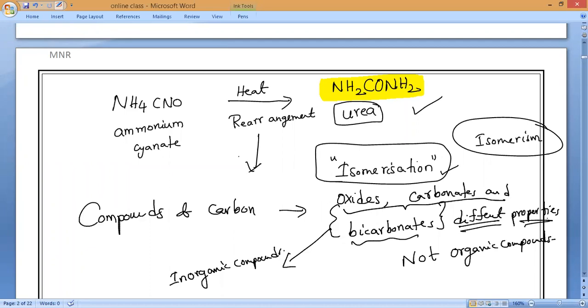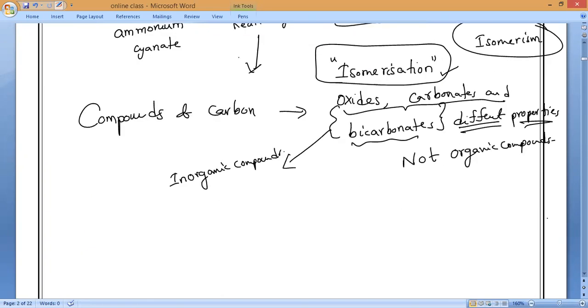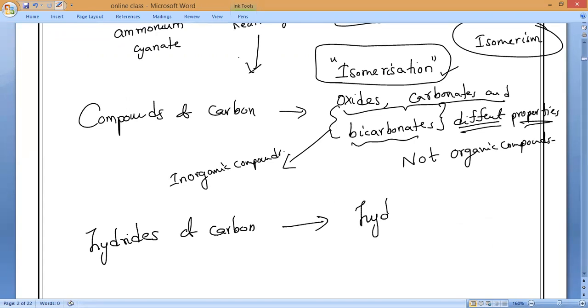Generally, all the compounds of carbon basically exist as hydrides. Hydrides of carbon, which we call hydrocarbons.